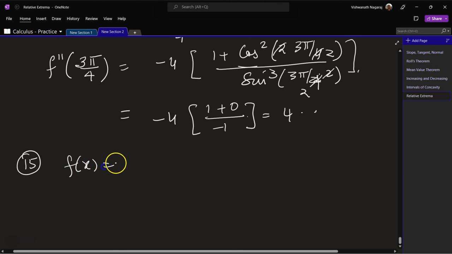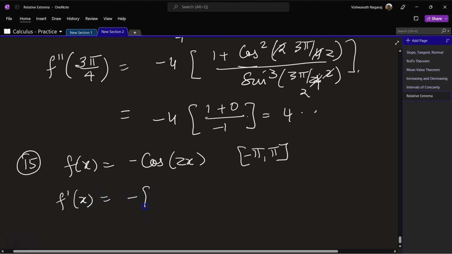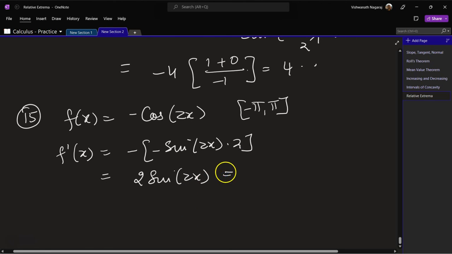F of x is equal to minus cos 2x from minus pi to pi. Okay, f prime of x is equal to minus sine 2x times 2, which gives us 2 sine 2x. Okay, now equating this to 0 will give us what?